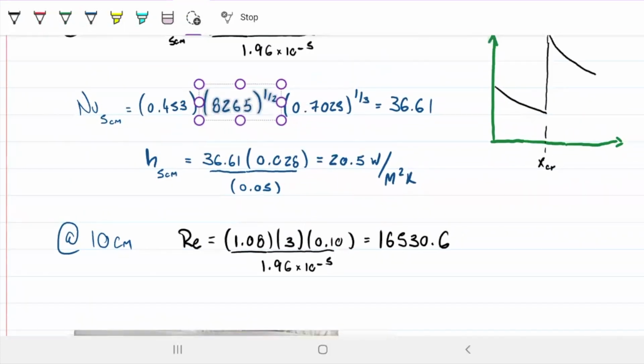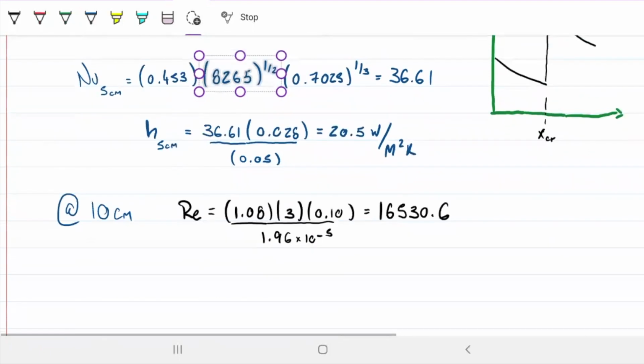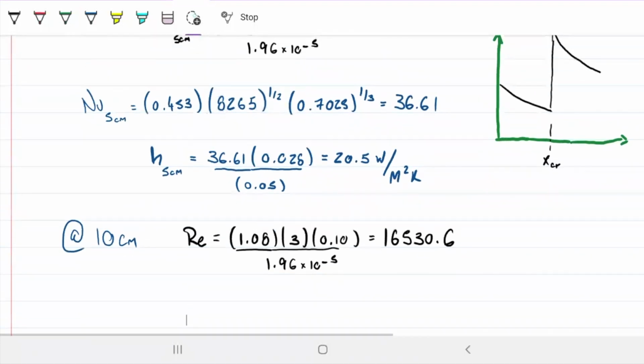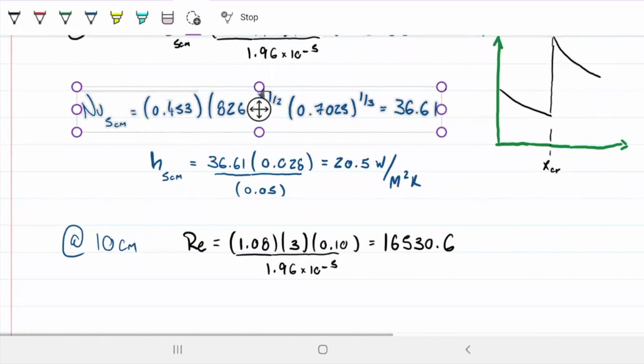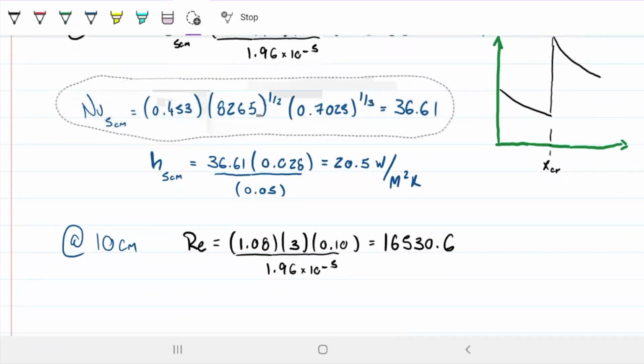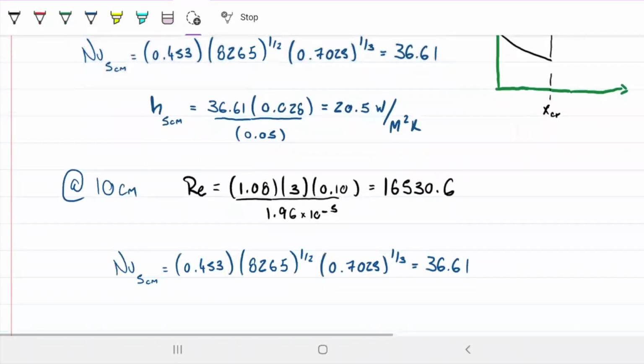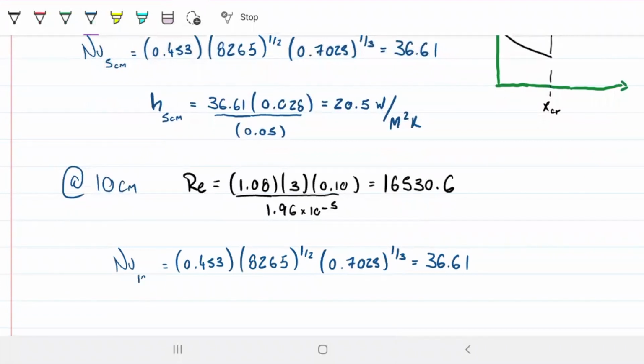Oh, I reached the bottom of the page. Sorry. Let me just grab another page. So Nusselt. Everything remains the same except for this guy here, which is now 16,536.